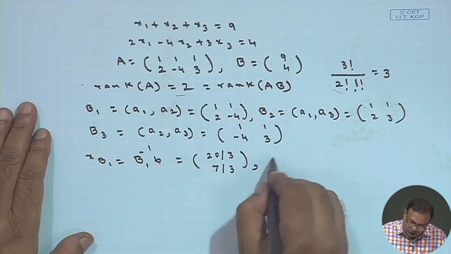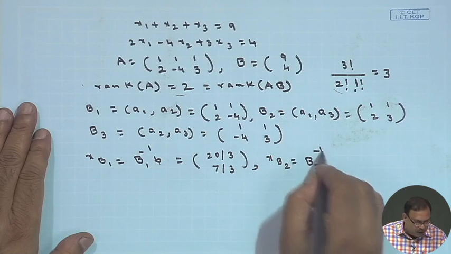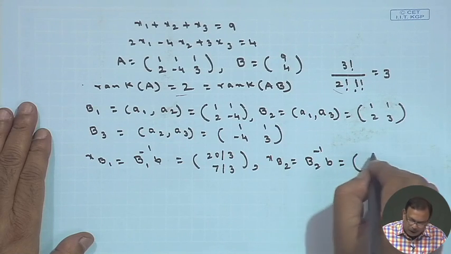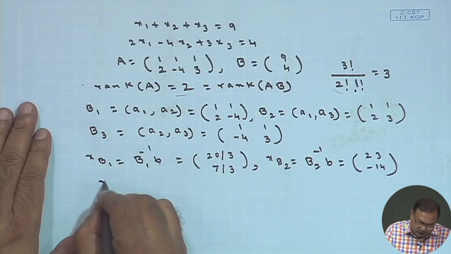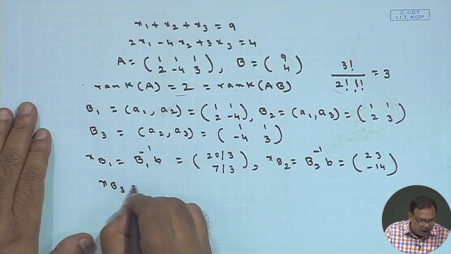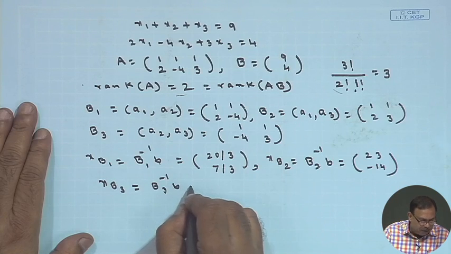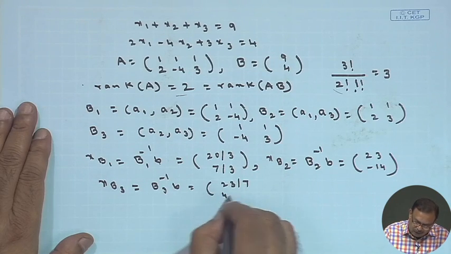Similarly, your x B2 will be B2 inverse into B. The result will be 23 minus 14, and for the third one, x B3 equals B3 inverse B, and this will be 23 by 7 and 40 by 7.